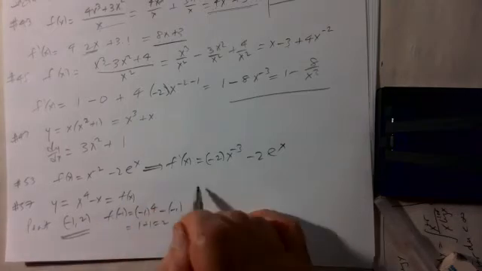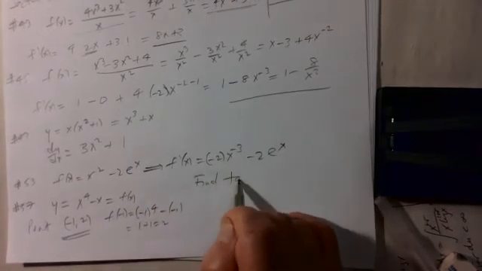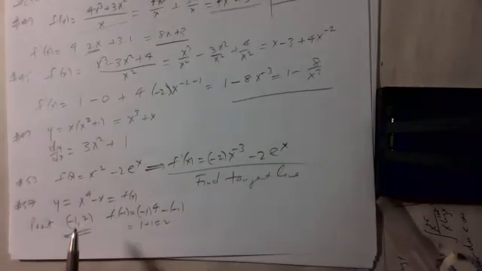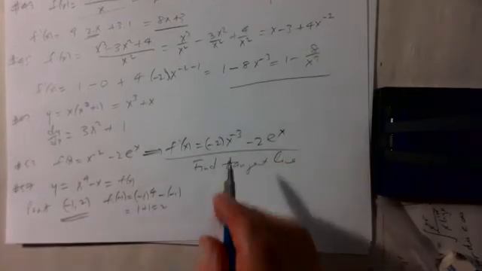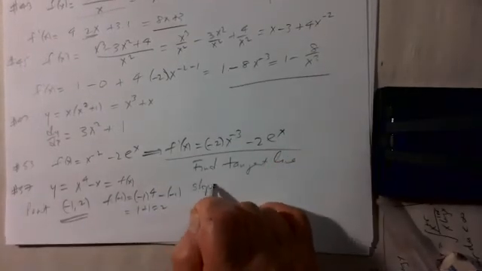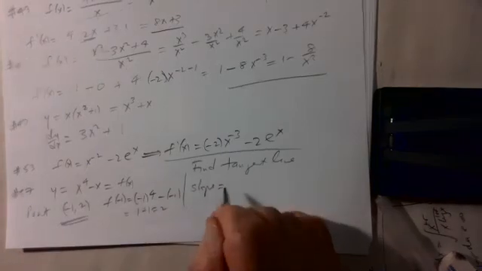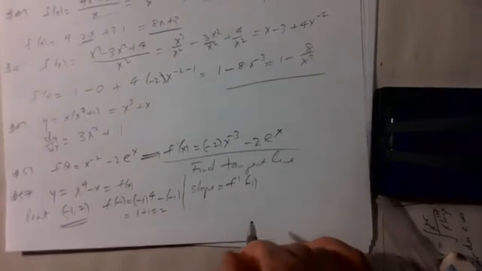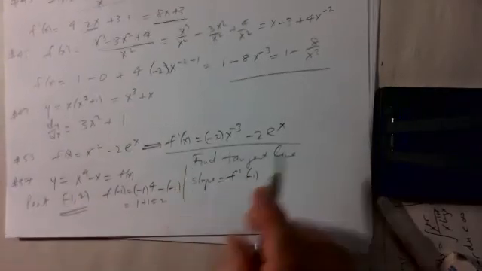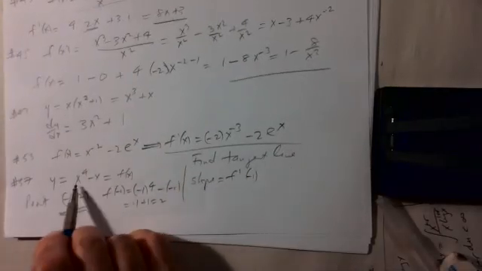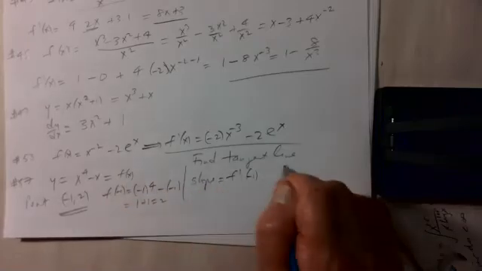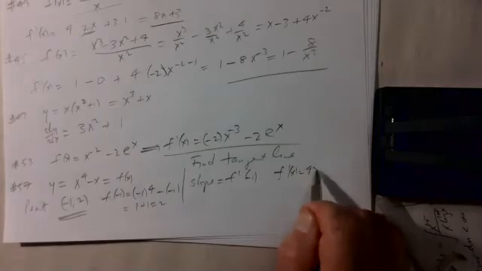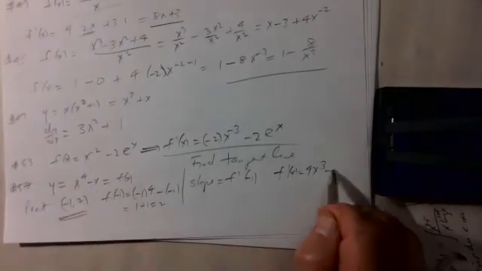And we want to find the tangent line to this function at this point. So the slope is the derivative. The slope of the tangent line is f prime, the derivative evaluated at -1. What's the derivative? Well, if y is x to the fourth minus x, f prime of x is 4x cubed minus 1.